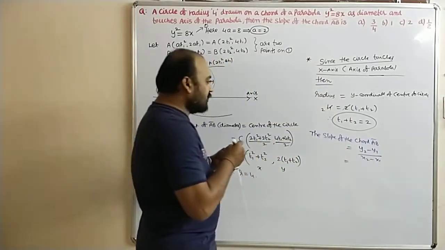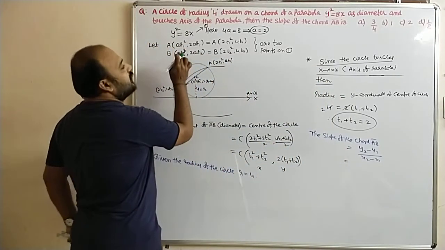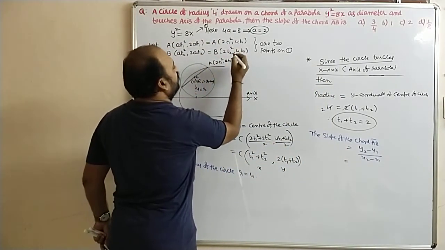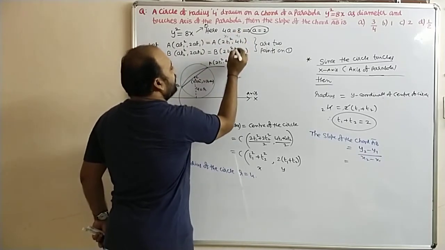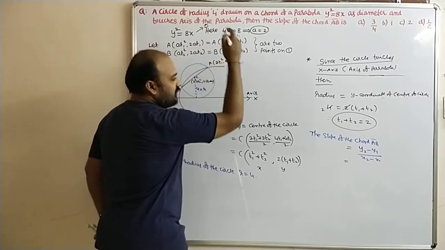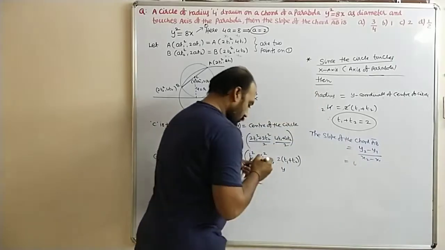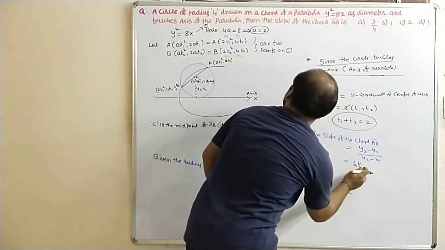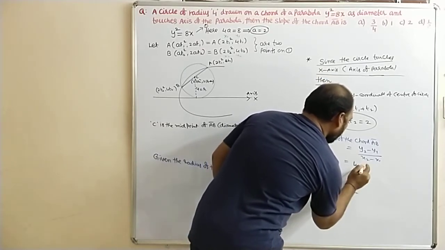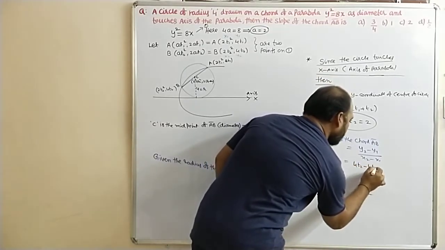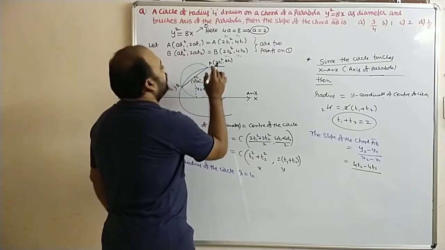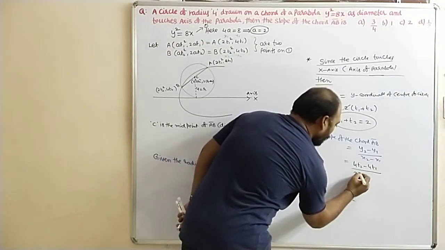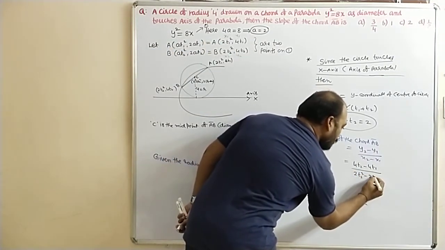This is x1, y1, x2, y2. y2 minus y1 is 4t2 minus 4t1 divided by x2 minus x1, so 2t2 square minus 2t1 square.